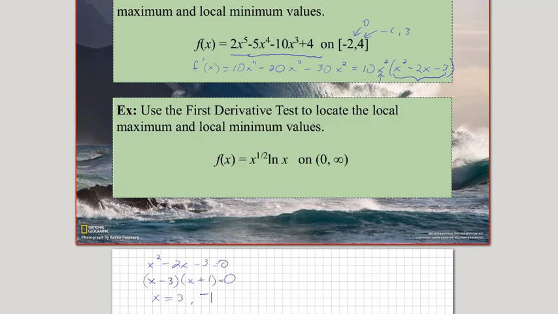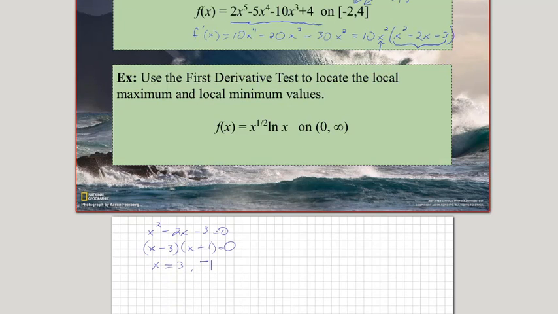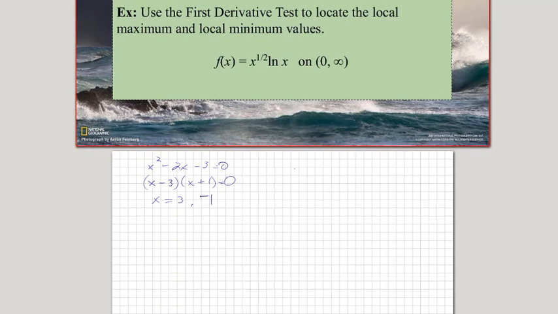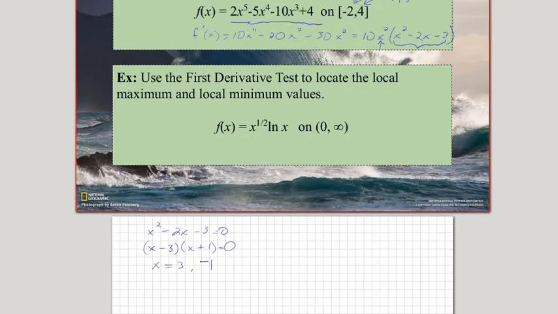Okay, so let's see what happens in each of those situations. Keeping the factored version, a lot of times this is easier to see what happens to the left or right. So f prime of x is 10x squared times (x squared minus 2x minus 3). One thing to note is I don't actually care what the derivative value is.